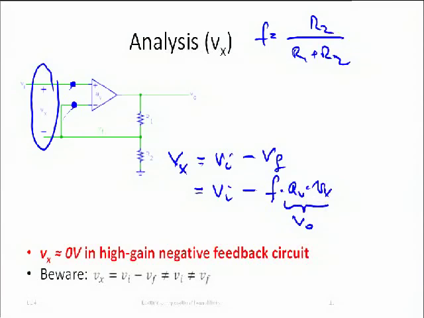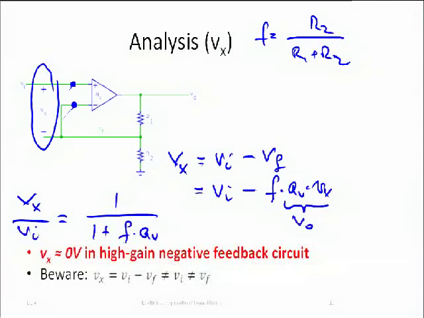So now we can again solve this thing, and what we get is Vx over Vi is equal to 1 over 1 plus F times AV. Okay? Okay, so let's look at that.